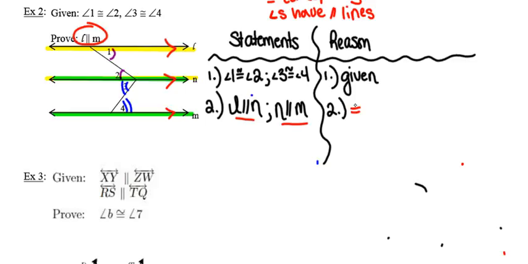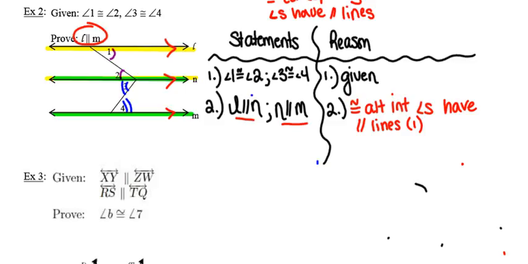So that's because anytime I have congruent alternate interior angles, they have lines that are parallel. And I'm going to go ahead and cite statement 1 because statement 1 is the statement where I was referring to those congruent alternate interior angles.